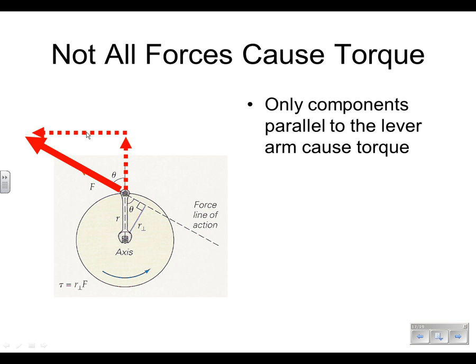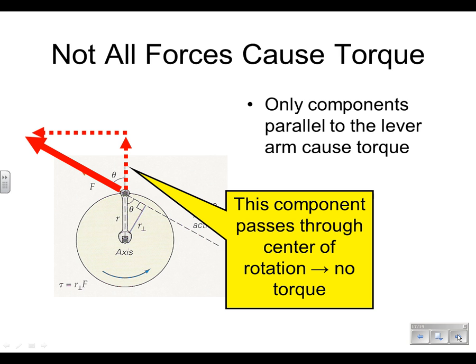One that is parallel to the lever arm, and you can see from this picture, yeah, it's pointing away from the middle, but if you talk about the line that it's acting on, that force passes right through the center of rotation, that being the nut that we're trying to turn. So that component is not going to cause any torque.